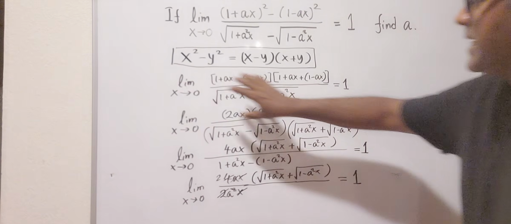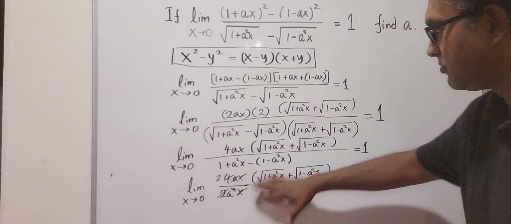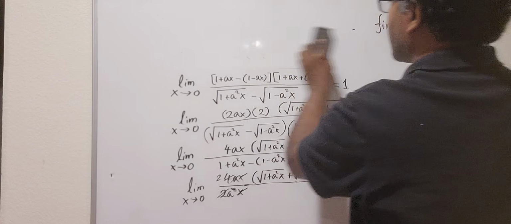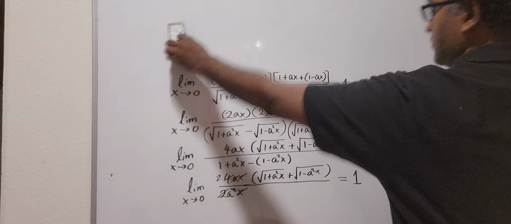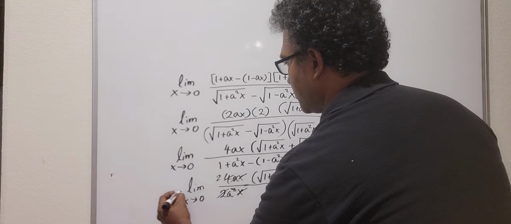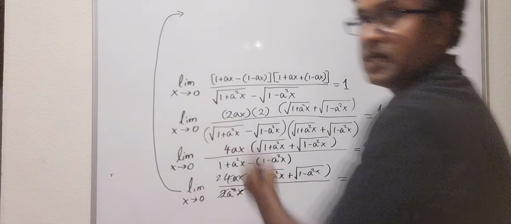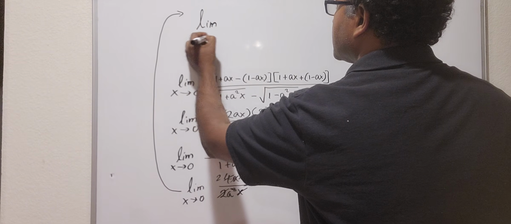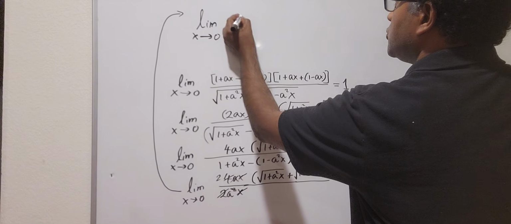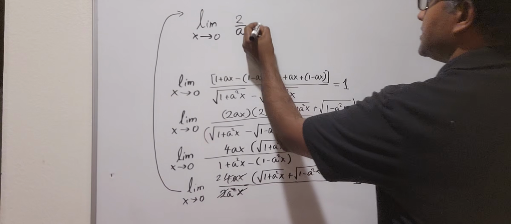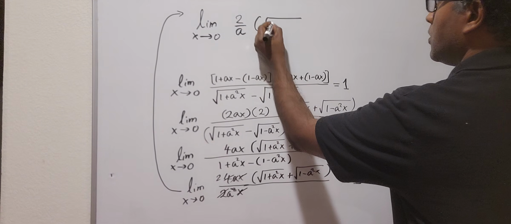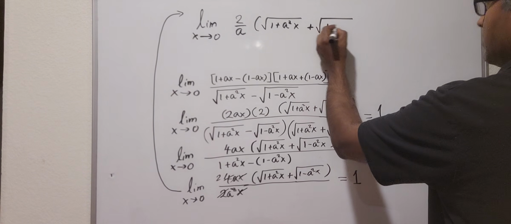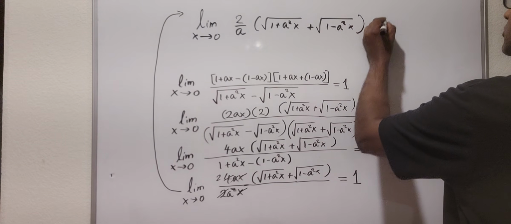So I'm going to now erase this part and make some space for me to continue this. I'm going to write this part over here at the top. Limit as x goes to 0, here I will have 2 over a, and then this term, square root 1 plus a squared x plus square root 1 minus a squared x, and that's equal to 1.